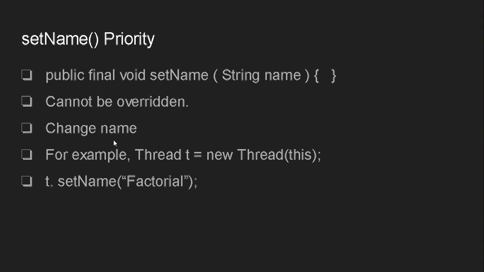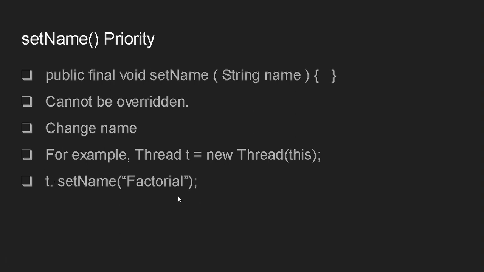Here I have shown you an example. We can write this particular statement inside another non-static function. We cannot write this in a static function, but we can definitely write it in a non-static function. This setName function is going to set the name of a particular thread to factorial.